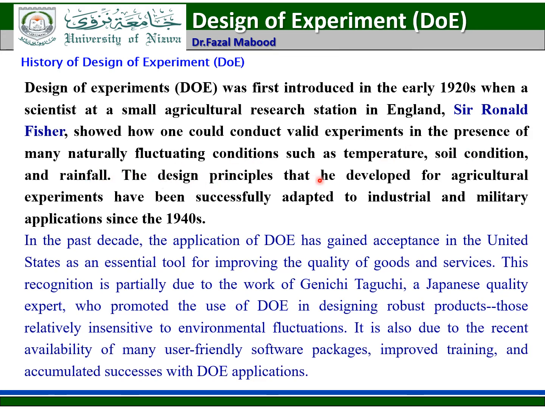The design principles that he developed for agricultural experiments have been successfully adapted to industrial and military applications since the 1940s. In the past decade, the application of DOE has gained acceptance in the United States as an essential tool for improving the quality of goods and services.